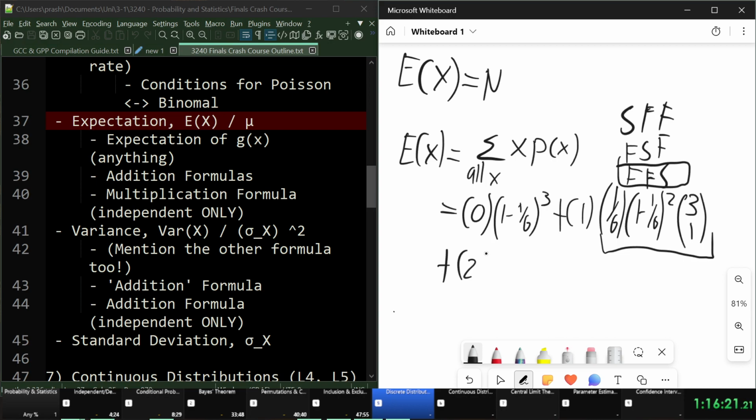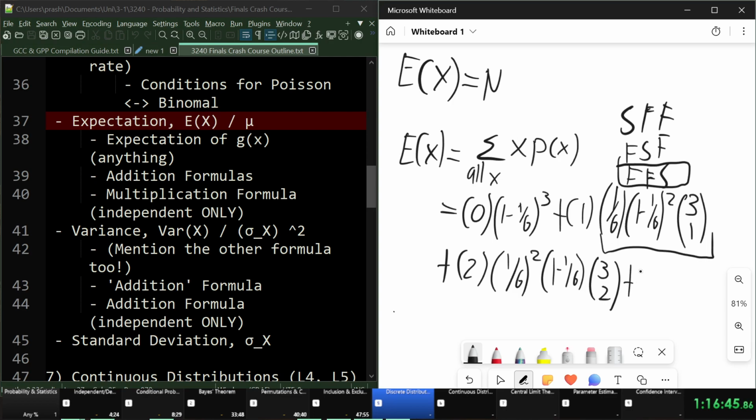Likewise, let's do the case for 2. Here we succeeded twice in getting a 6 in our 3 dice rolls. So we put 2 here, 1 minus 1 over 6. That happened once. From 3 positions, we choose 2. There's also technically a 3 choose 0 here, but 3 choose 0 is still 1, so it's not there.